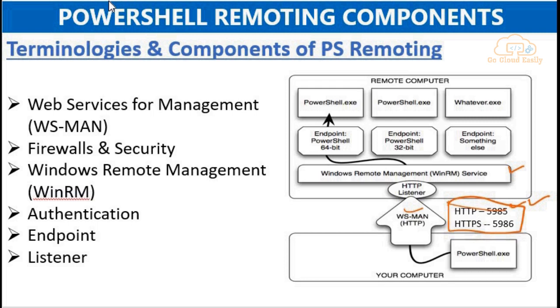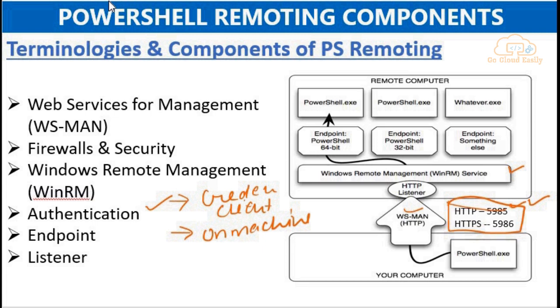Then it moves further. If this service is running, then we need to provide a valid set of authentication token, right? So authentication basically happens on two levels. First is credential, that is basically user ID and password, and the second one is on machine level. When we talk about client credential, they are simply ID and password.